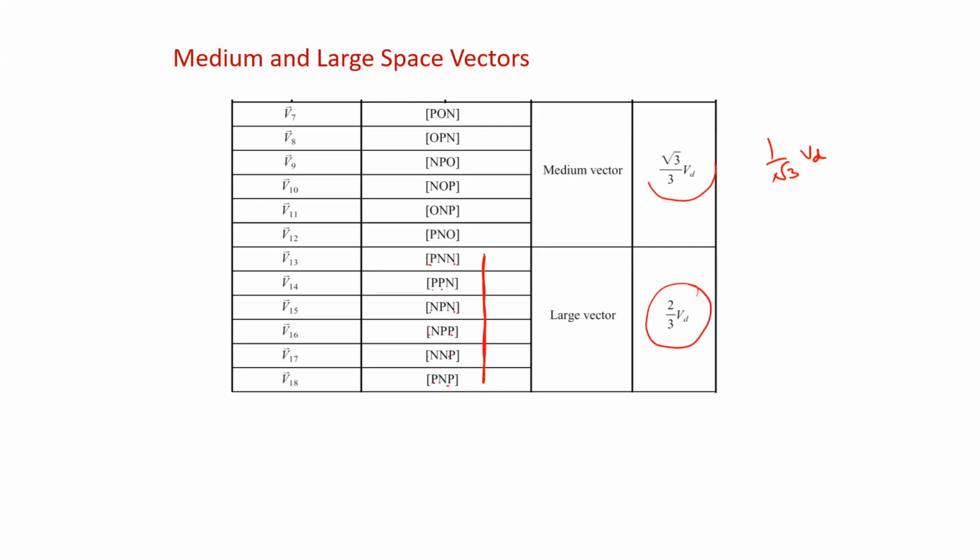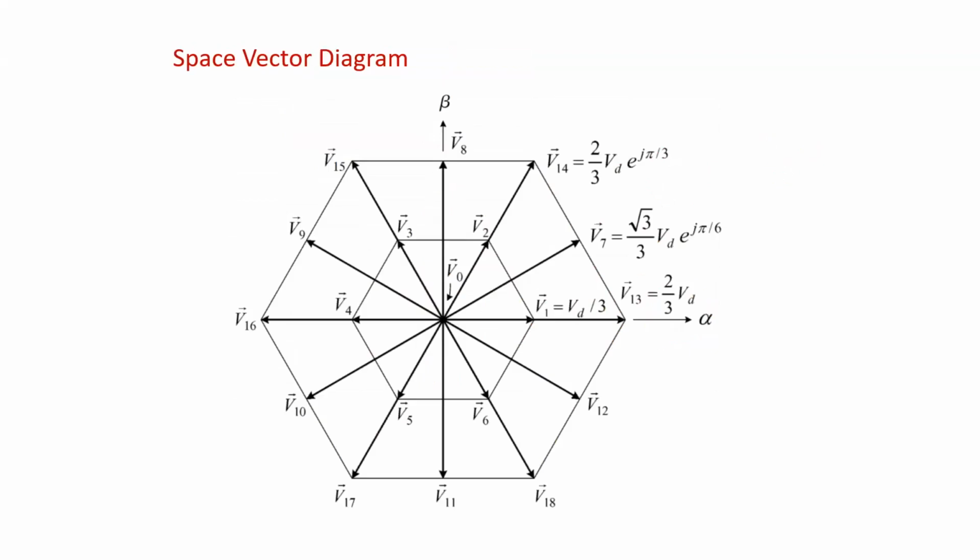If you place these things in a space vector diagram, it will look something like this. This is the space vector diagram. You have the small vectors here, the medium vectors, and the large vectors.